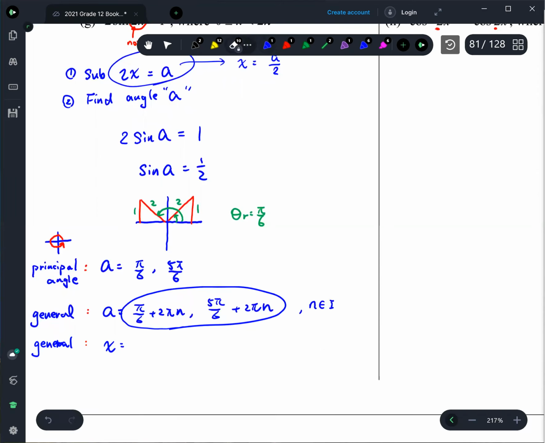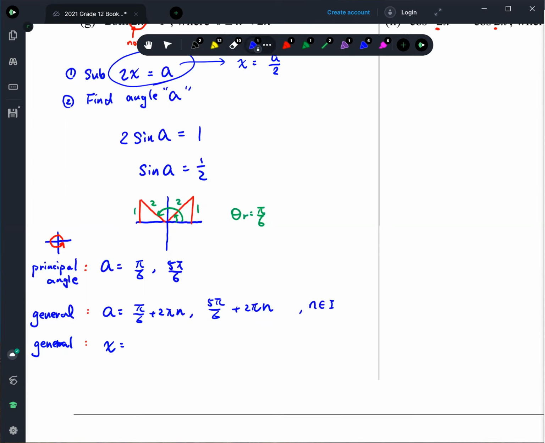So what is pi over 6 divided by 2? Sophie? Sophie, what is pi over 6 divided by 2? Is it pi over 12? Yeah, so you get pi over 12. And then 2 pi n divided by 2.